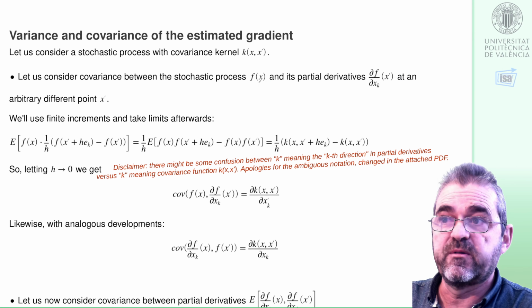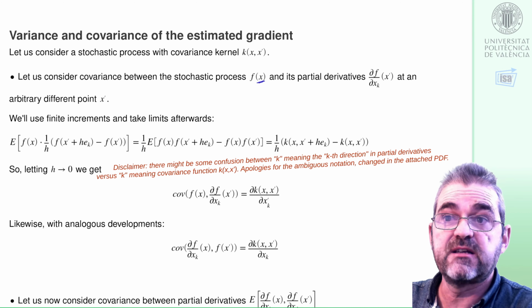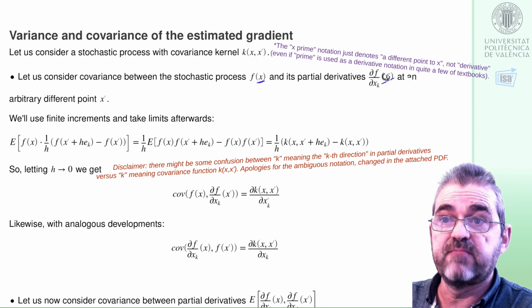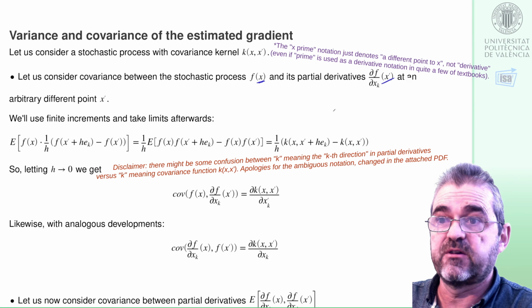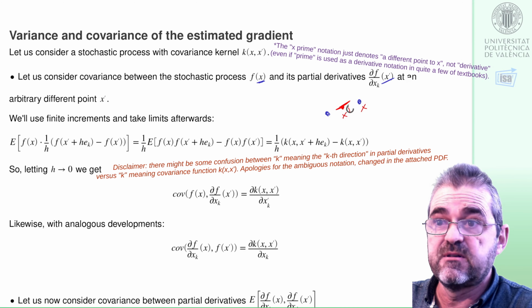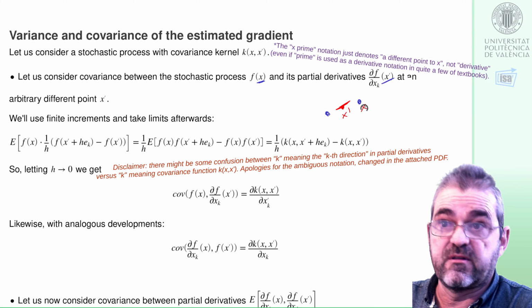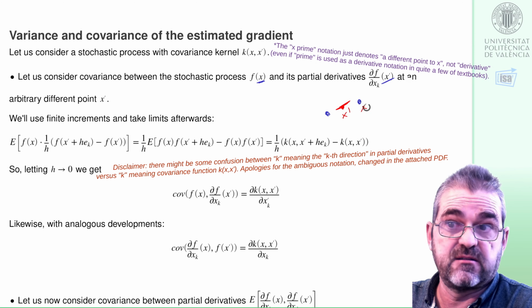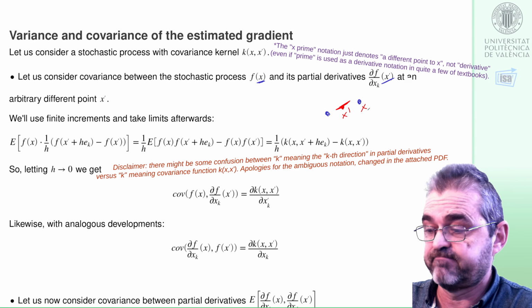And in fact, we may consider a point x and a point x prime in the derivative, because the speed estimate at a point x prime will be correlated with the position estimates at another point x.